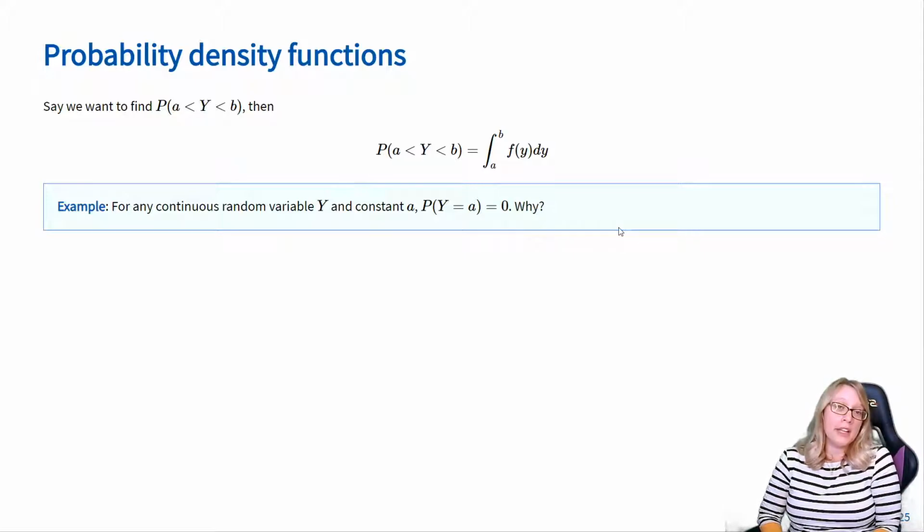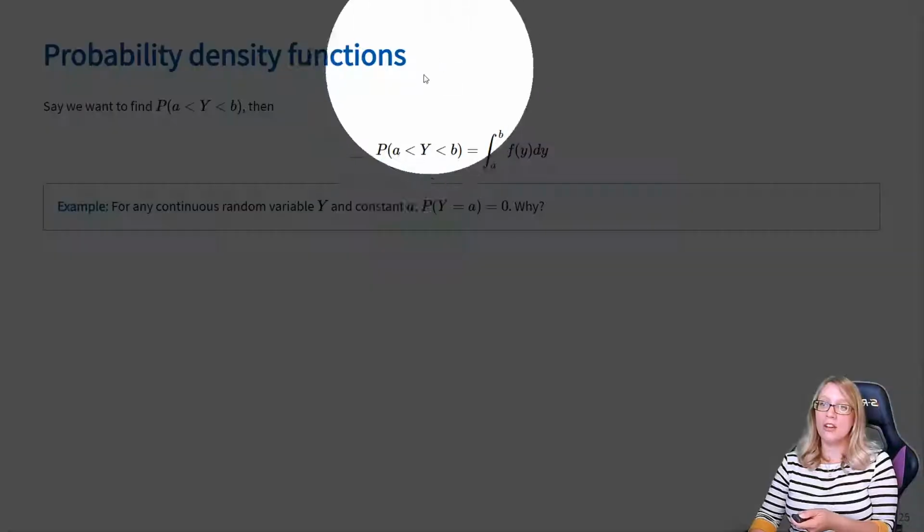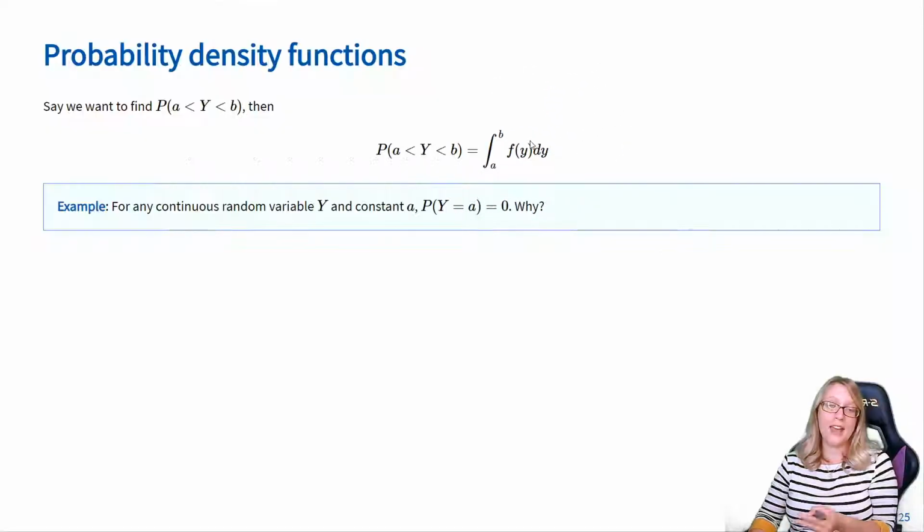So the probability of any of an infinite set is then 0, 1 over the number of possibilities. Another way to think about this is using that area under the curve definition. If we take the integral from A to A, we're left with just the area of a straight line, which is 0.